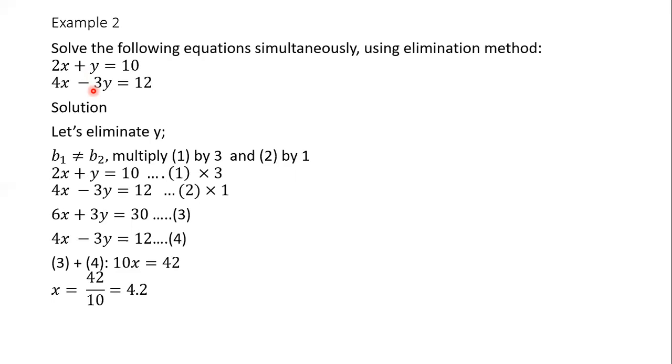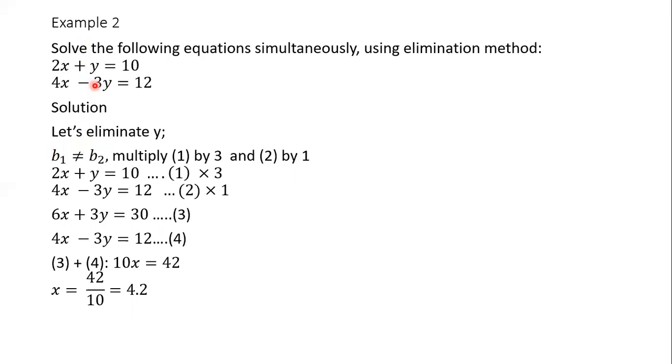So this time I chose to eliminate y. You can also eliminate x first. Because the first one we eliminated x, now I want to eliminate y, so that you won't think that we always eliminate x. So I said b1 is not equal to b2. So b1 is 1, b2 is minus 2.